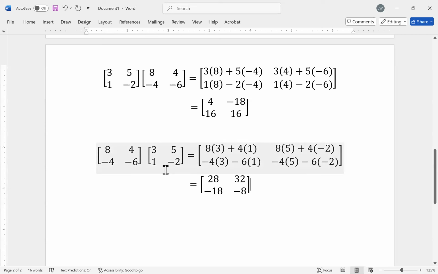That matrix is the matrix on the right in the second multiplication. 8, 4, negative 4, negative 6 is the matrix on the right in the first multiplication. It's the matrix on the left in the second multiplication. And we got out different matrices depending on which matrix I put on the left and which matrix I put on the right.